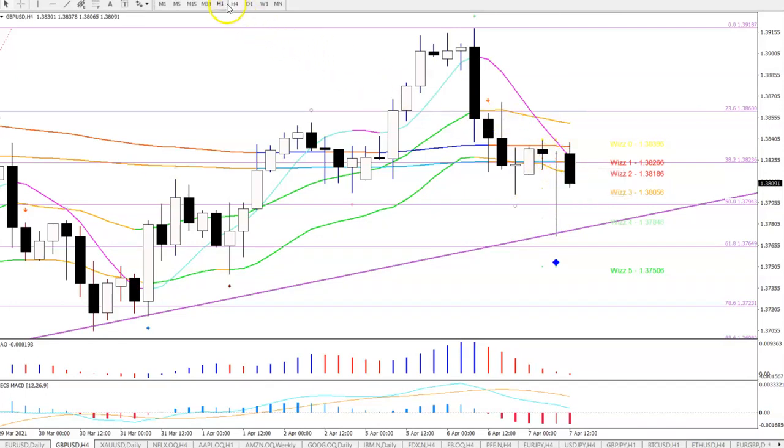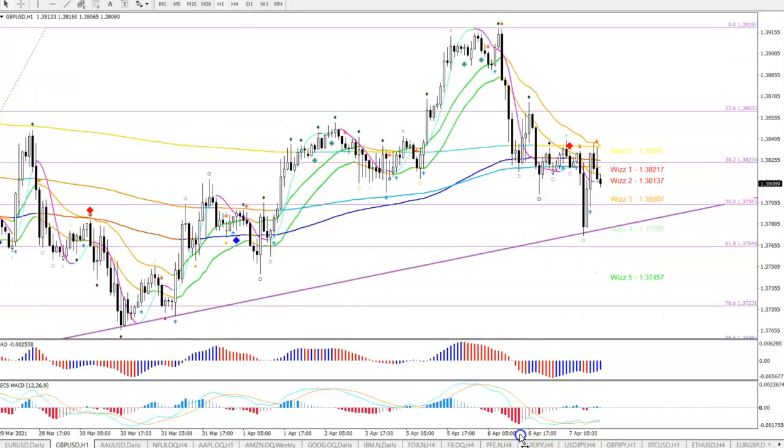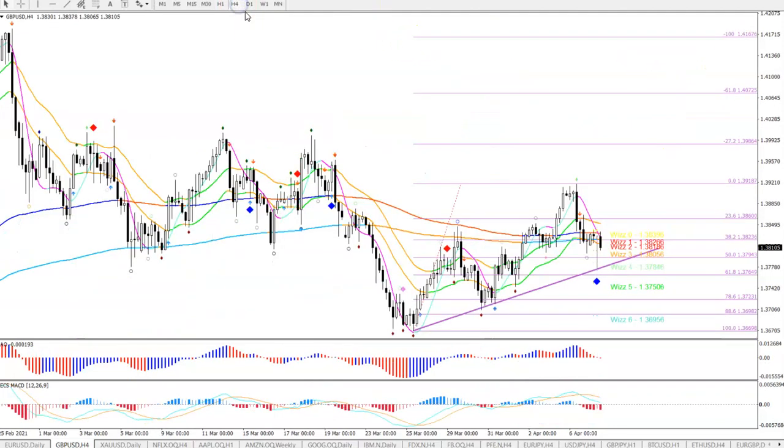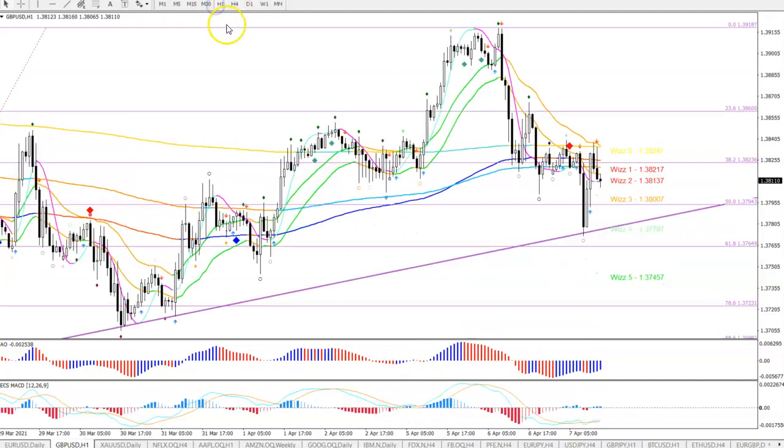So I'm more inclined at this moment to consider that this ABC is finished to the downside, and that this is a wave 1 and 2 for upside. So a break above the 20 MA should send us higher on the 1-hour chart. The break of the 4-hour 21 EMA should also send us up to 140. So those are the confirmations.